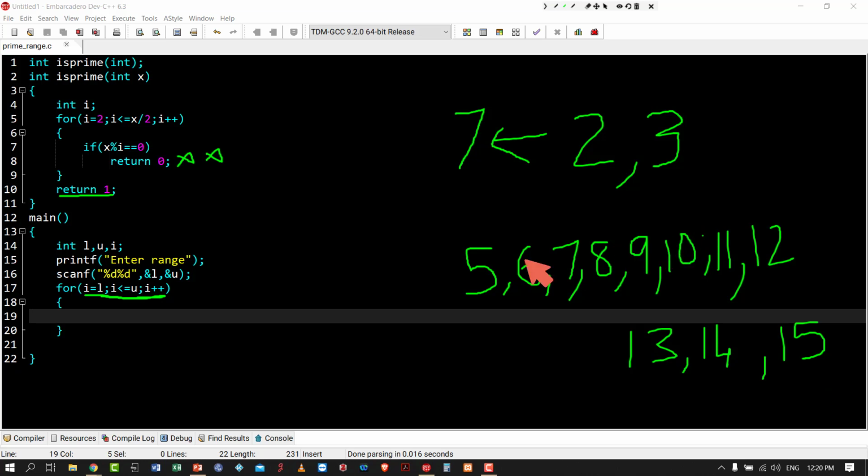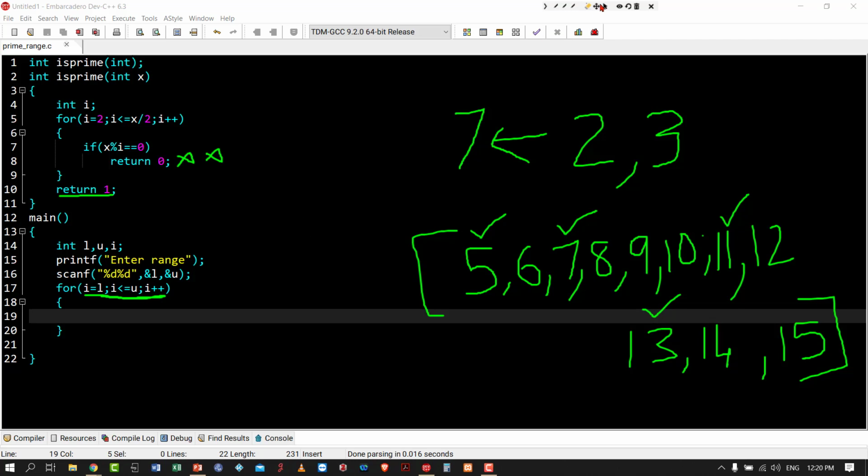So we are going to print the prime numbers in this range. The prime numbers are 5, 7, 11 and 13. So listen carefully.